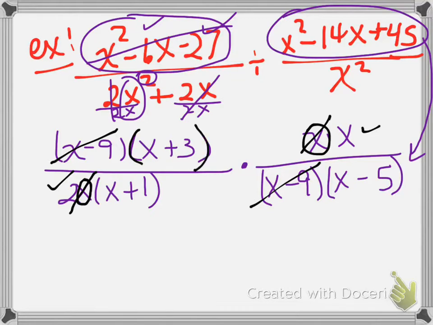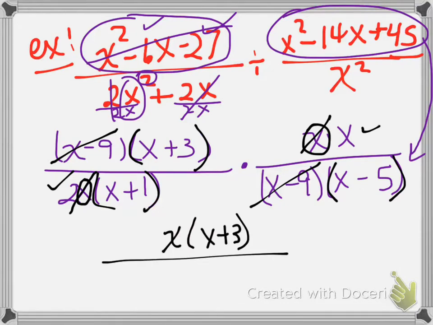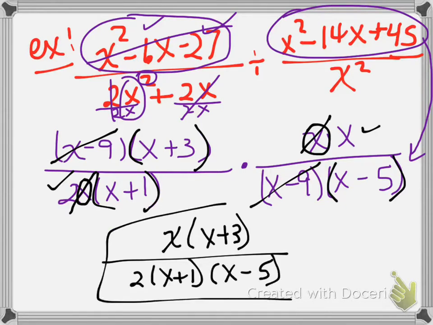This x plus 3 is a group, this x plus 1 is a group, this x minus 5 is a group. So my final solution is x times x plus 3 over 2 times x plus 1 times x minus 5. It doesn't have to simplify a lot for it to make it a simplified problem. Okay, I hope that helps with 8.4.